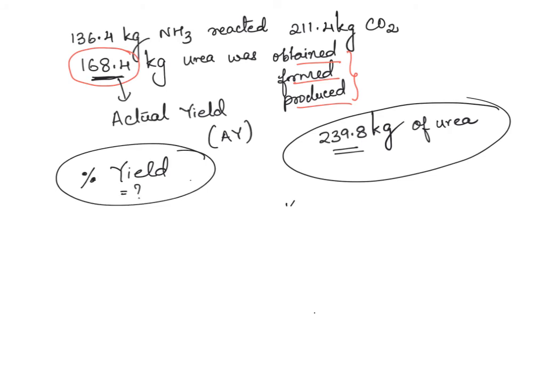So what is the percent yield of the reaction? Percent yield is equal to actual yield divided by theoretical yield multiplied by 100. So which is 168.4 divided by 239.8 multiplied by 100. Now remember, these two are in kilograms.